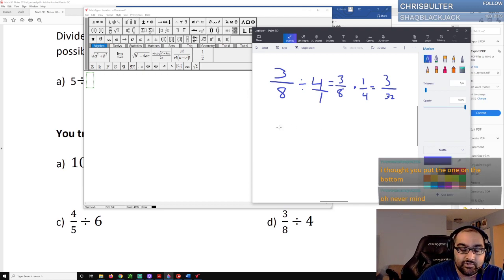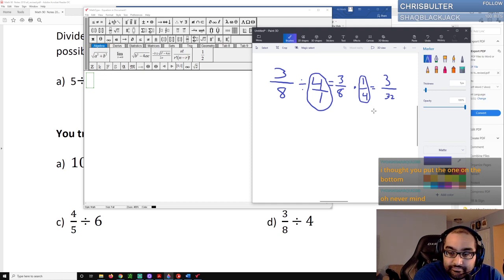When you first write out the problem, you can write it as 4/1. I wrote it out as 4/1 to start, and then I switched it to the reciprocal of 1/4 after I changed it to multiply. So there was still a purpose to putting it over 1, because that allowed us to flip it over.